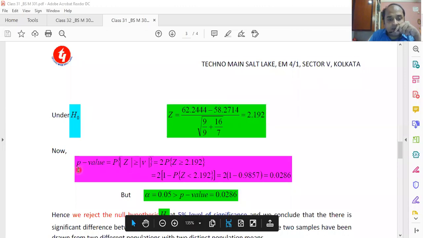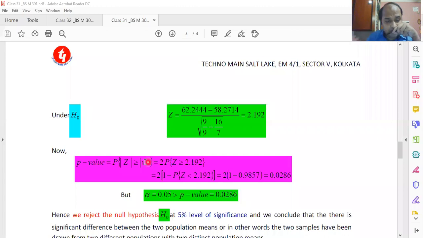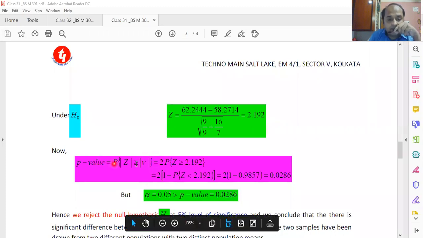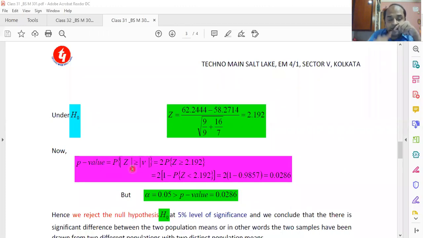Since I'm using this form of the p-value formula, there is no provision for considering the negative value, because I'm taking the absolute value of nu. So on the right hand side of the inequality I write mod of nu, and on the left hand side I also write mod of Z. If I write this formula explicitly, we get another form, which is twice the probability of Z greater than or equal to mod of nu.